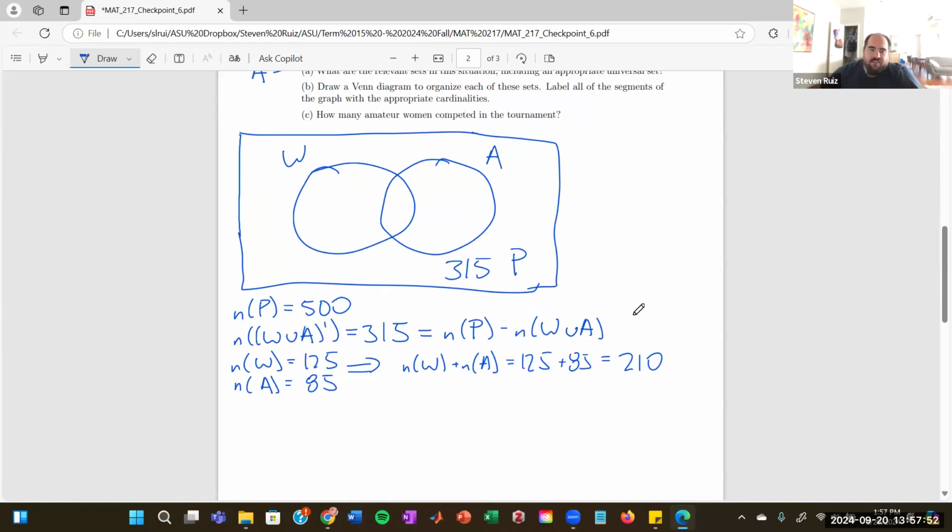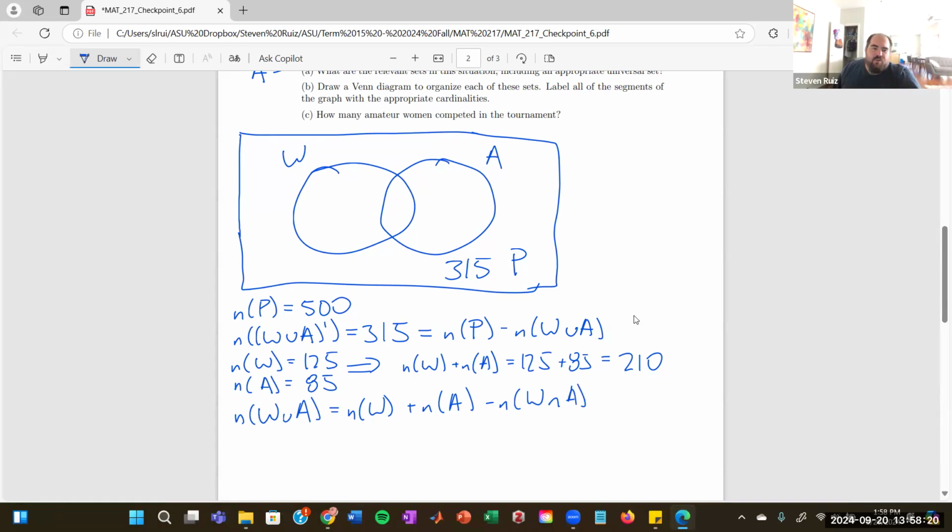So I believe that one of the things you've seen in the module here and some of the videos is this: the size of the union. The cardinality of a union will always be related to this. It's the cardinality of set one plus the cardinality of set two minus the cardinality of the intersection of those sets.